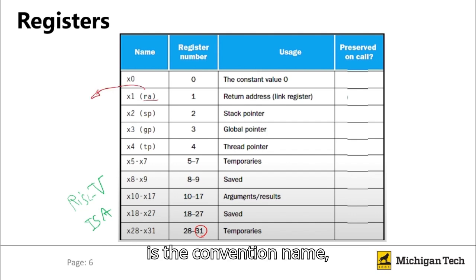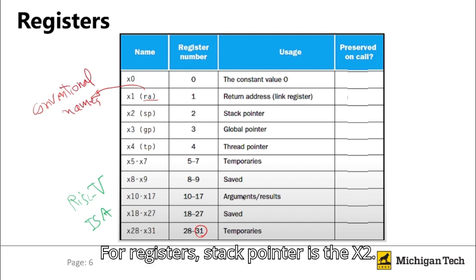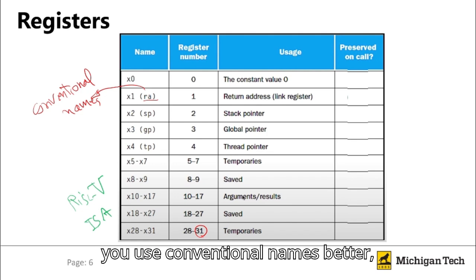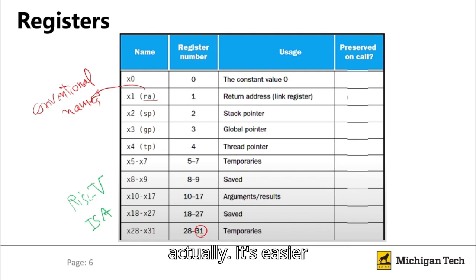This is the conventional name for registers. Stack pointer is X2. You don't need to remember these X's. If you use conventional names, it's actually better. It's easier and more understandable. So I'm asking which registers are preserved on call.